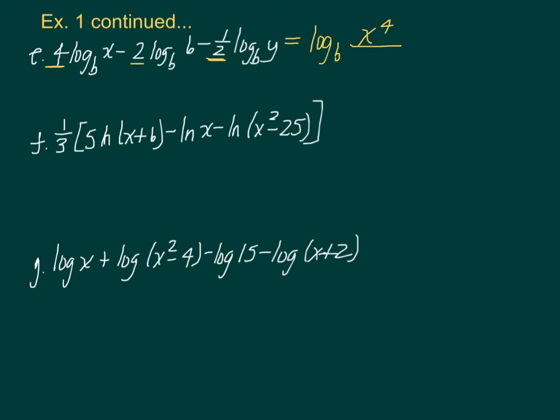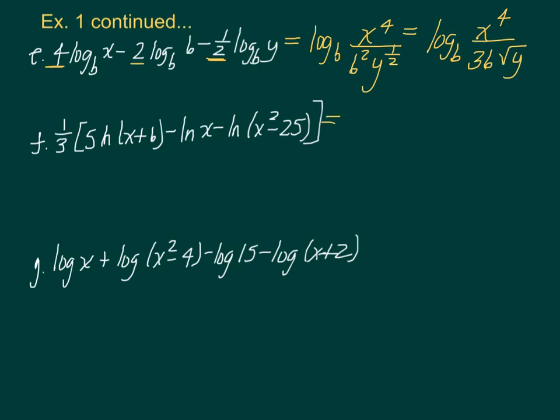So the 6 squared goes on the bottom, and the y to the 1/2 goes on the bottom. And so if we were to simplify this, this would be x to the 4th. 6 squared is 36. And then the y to the 1/2 is the square root of y. And that's your simplified answer.